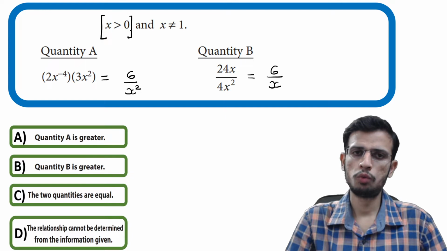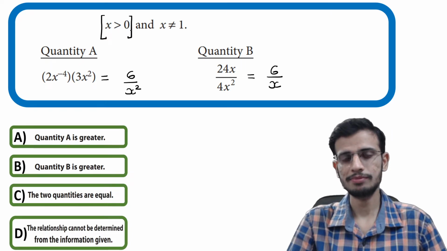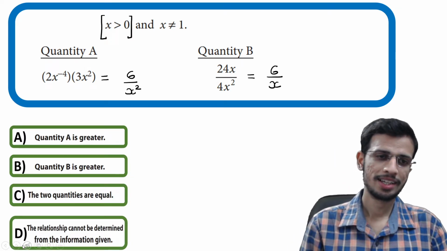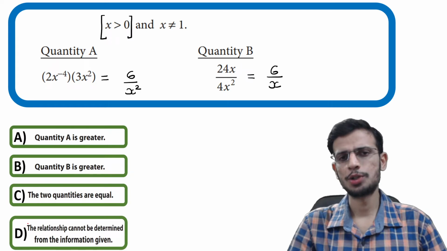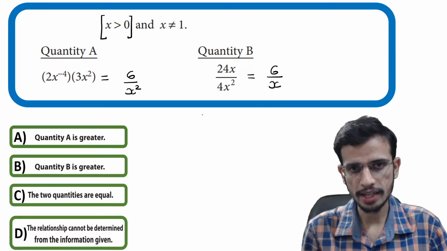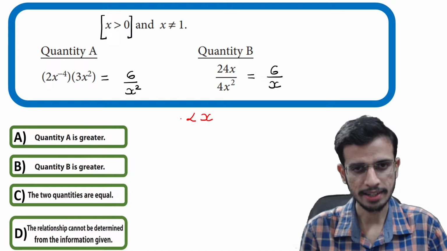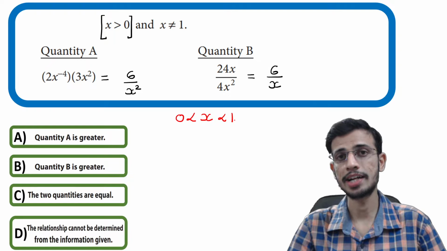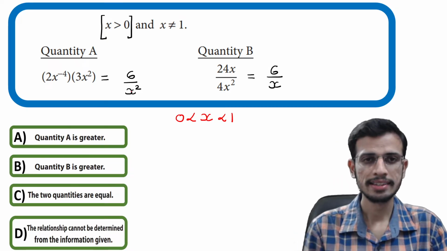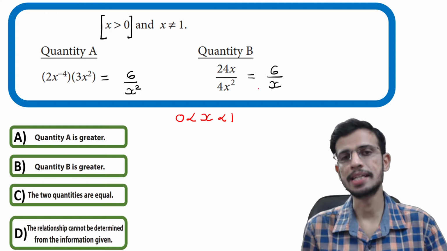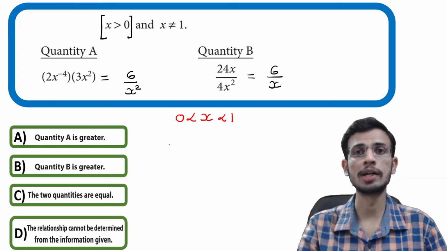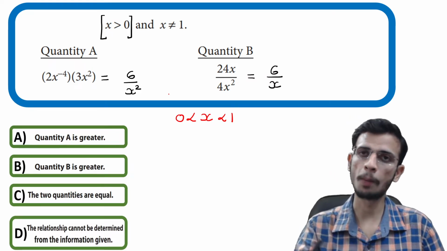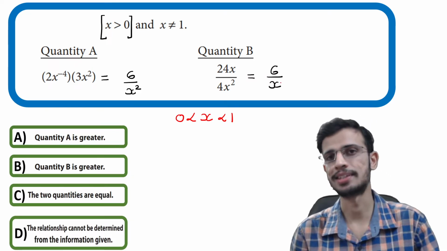So what will be the answer? We can't put x equal to 1. If you put a value of x greater than 0 but less than 1, then quantity A will be greater than quantity B, because the value is between 0 and 1, so the denominator will decrease, and the smaller denominator will make the complete fraction larger.